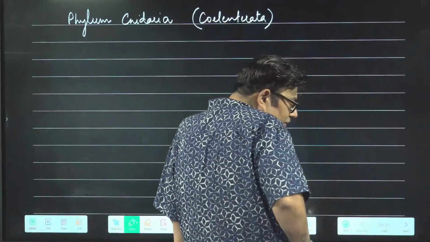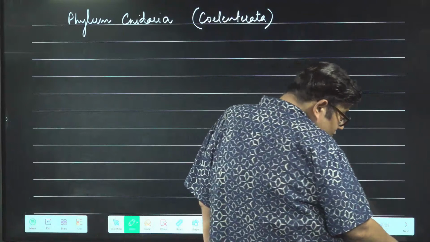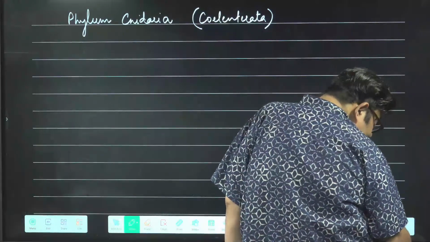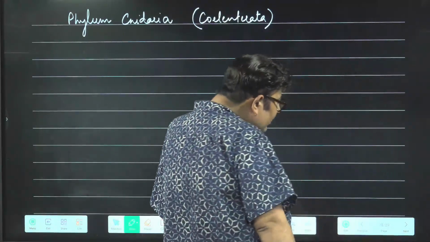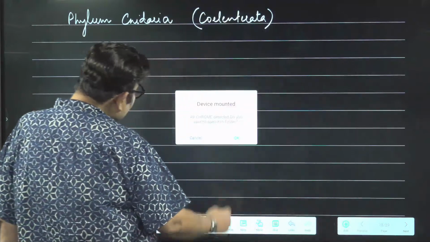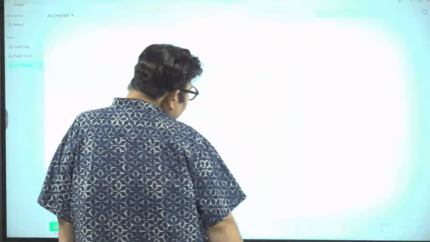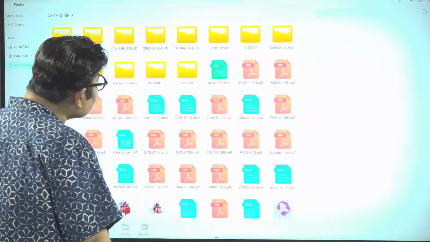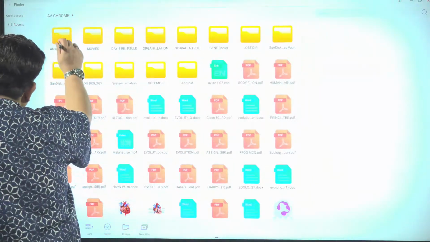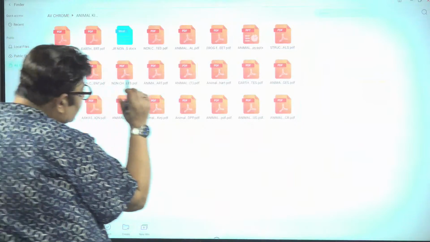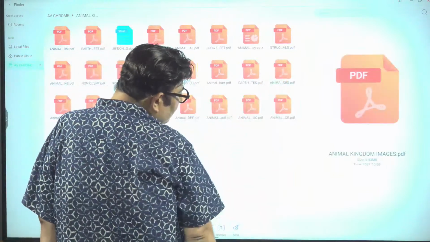As such, platyhelminths are hermaphrodites. Hermaphrodite is also called monoecious. Mono means one. In one body only, both the sexes are present.